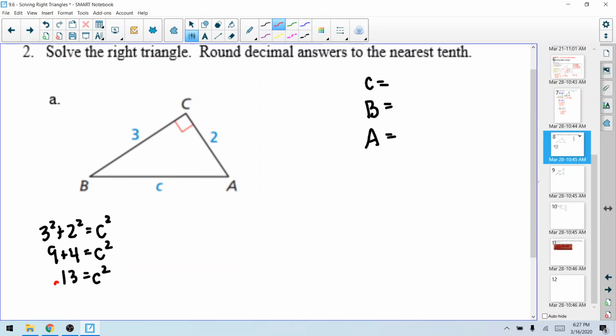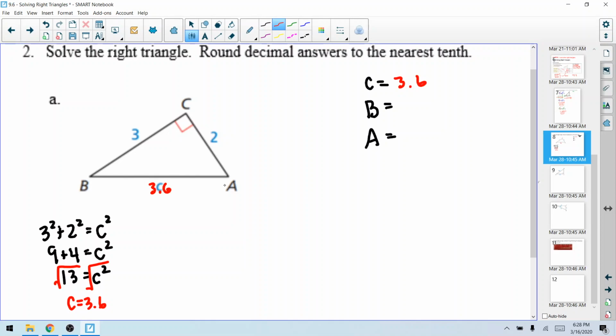Take the square root, grab your calculator. We could leave it in exact form, which I would prefer, but the directions say round decimal answers to the nearest tenth, so we're going to do that. And I'm getting c is 3.6. Okay, from there, I know this is 3.6.